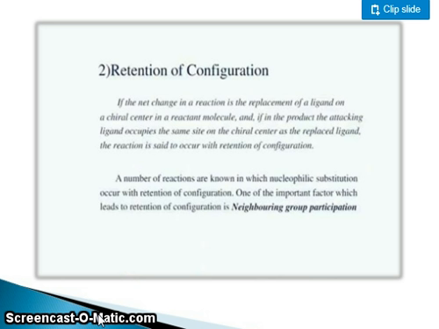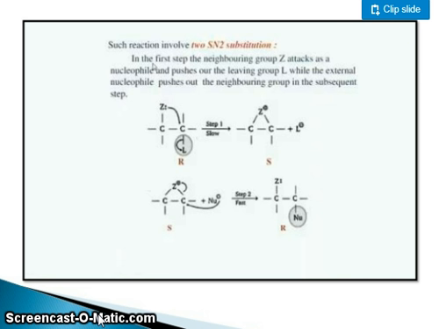A number of reactions are known in which nucleophilic substitution occurs with retention of configuration. One of the important factors which leads to retention of configuration is neighboring group participation.